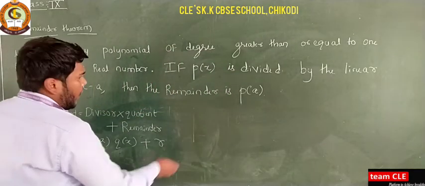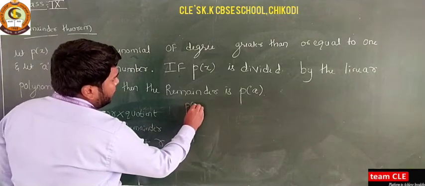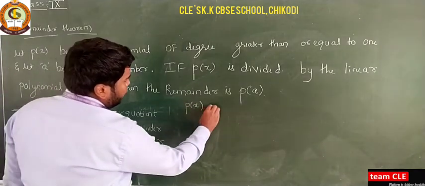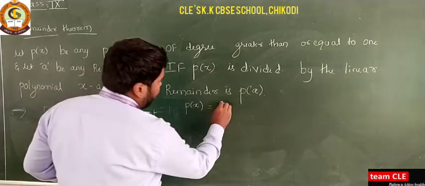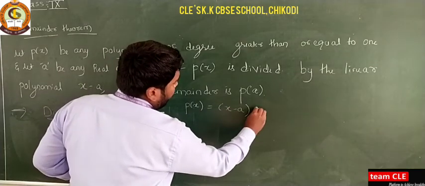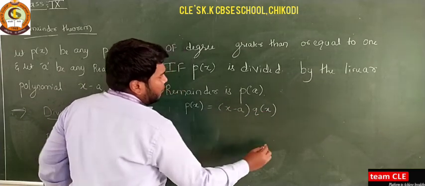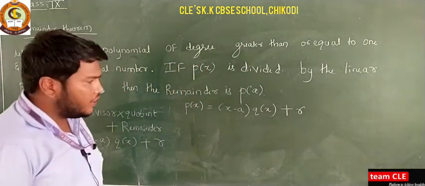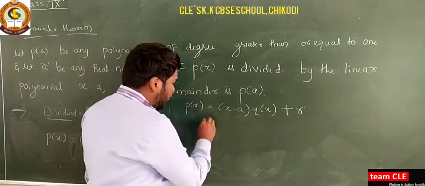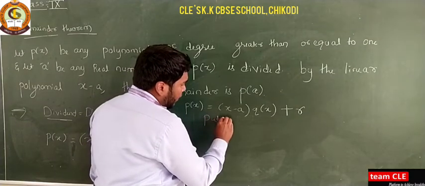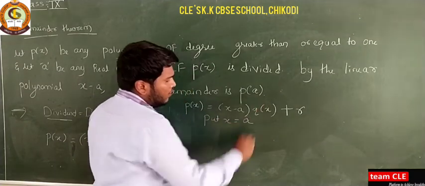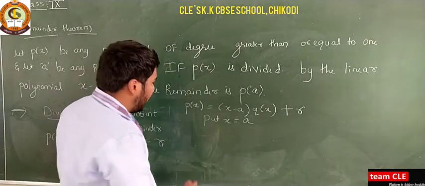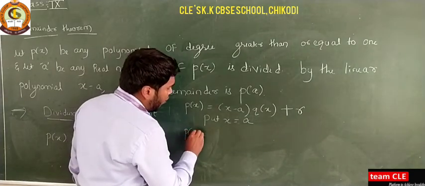I write the equation here: p of x equals x minus a into q of x plus r. Now put x equals a, and you get p of a.